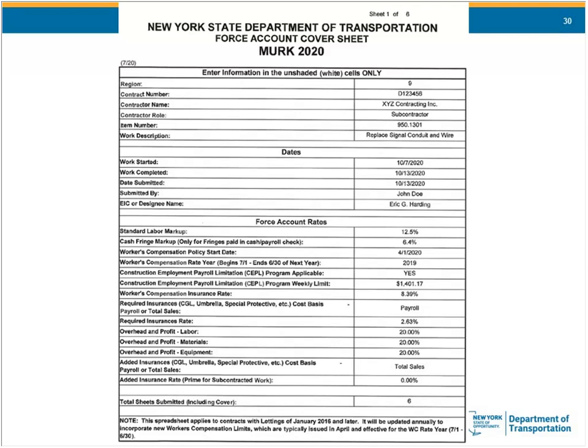Labor rates also changed, and insurance policy rates changed, so it could be the exact same work, but if you go over the new year or policy period, that payroll limitation could change, and you'll have to submit 2 packages for the same work.